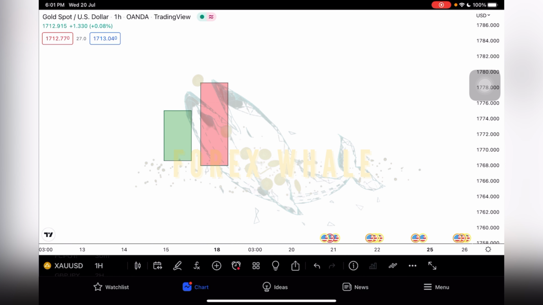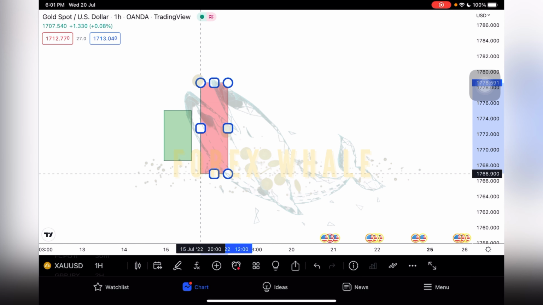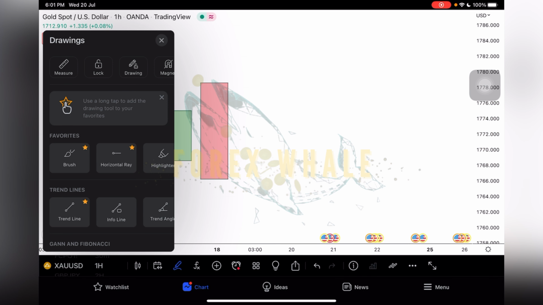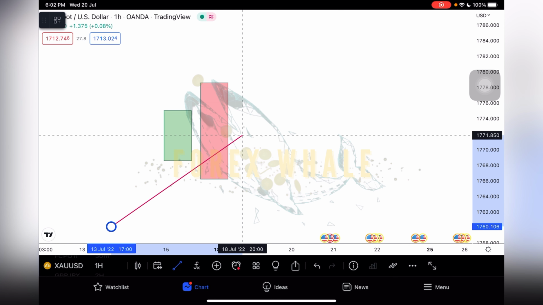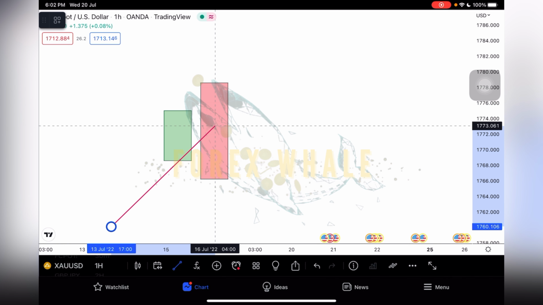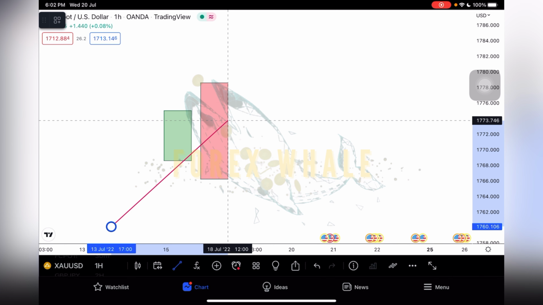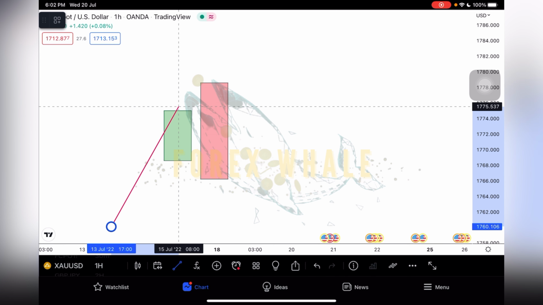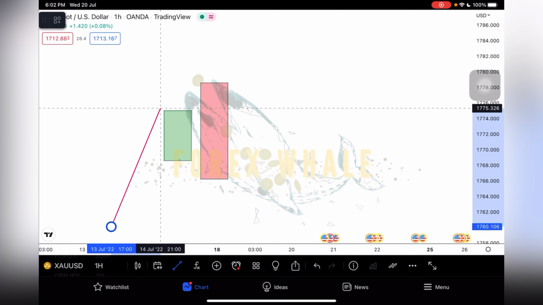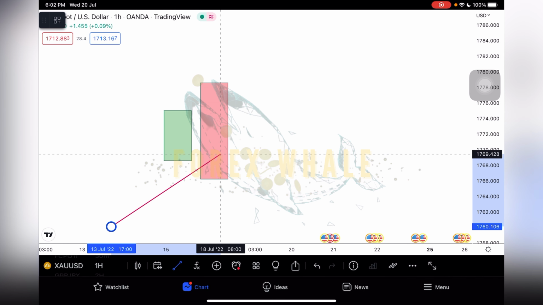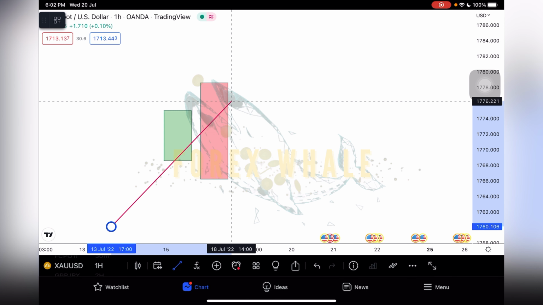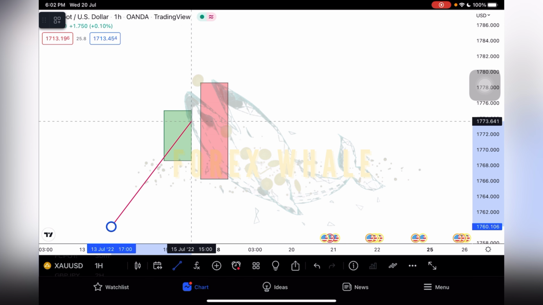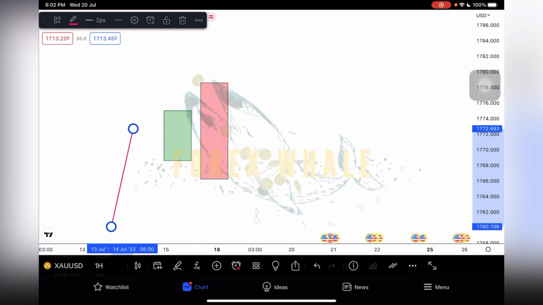Now as you can see, the red, bearish candlestick is bigger in its body size in comparison to the candlestick before it. This candlestick is formed first and then comes this candlestick that has a bigger body size that engulfs the previous candlestick. That is why it is called an engulfing candlestick.